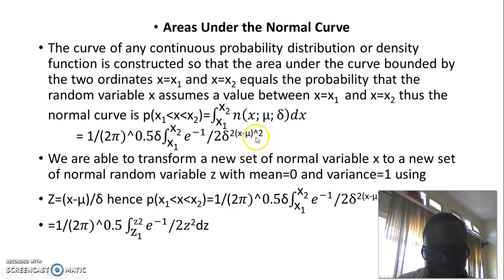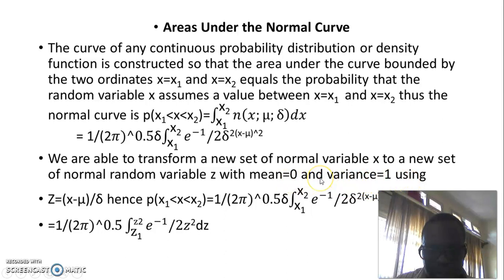So we are able to transform a normal variable to a new normal random variable z with mean 0 and variance equal to 1. A standard normal distribution has a mean of 0 and a variance equal to 1.